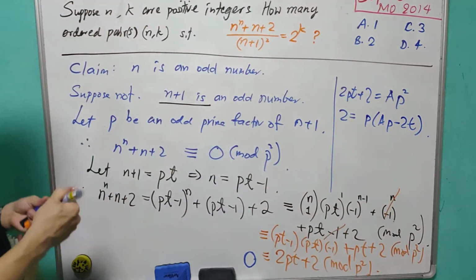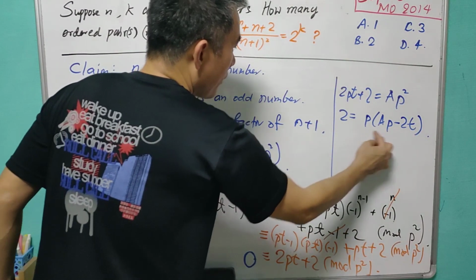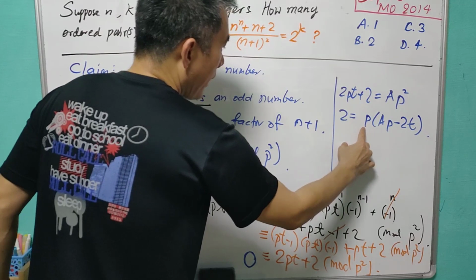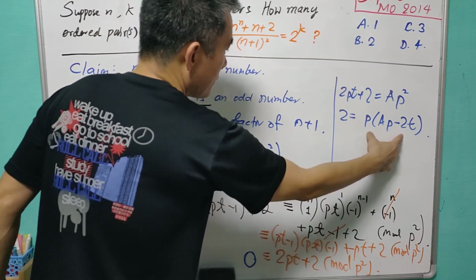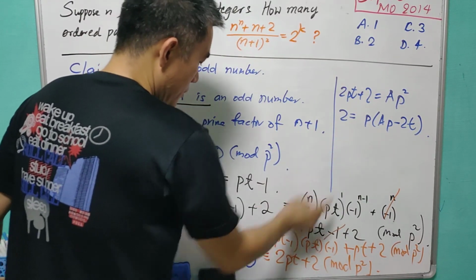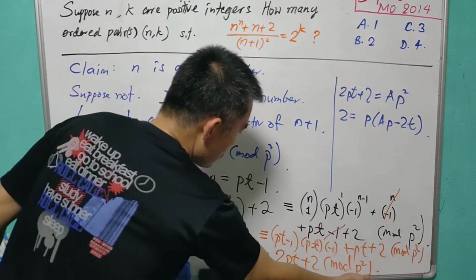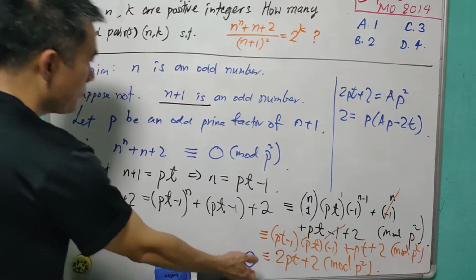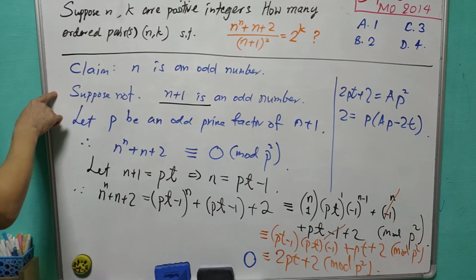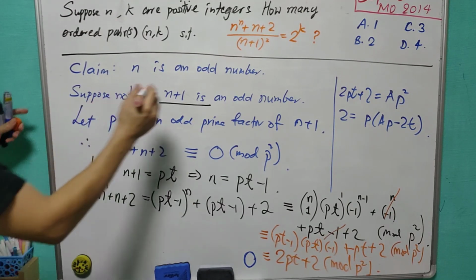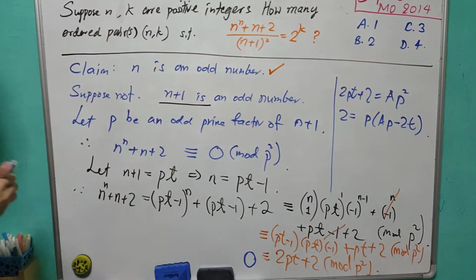And this is a contradiction because both are integers and p is an odd number. The product cannot be equal to 2. So this is not going to happen, and it means that the assumption is not correct. And therefore, our claim here is correct.